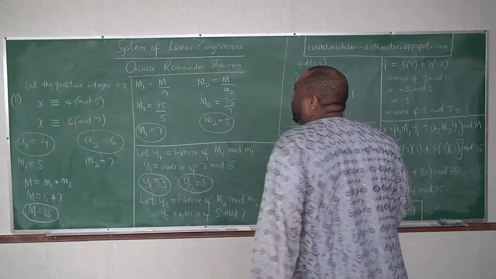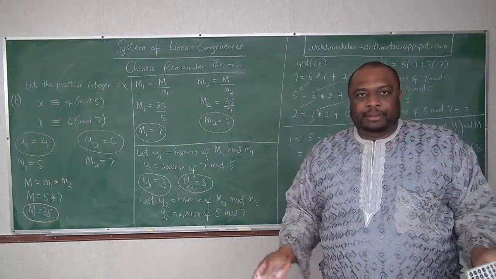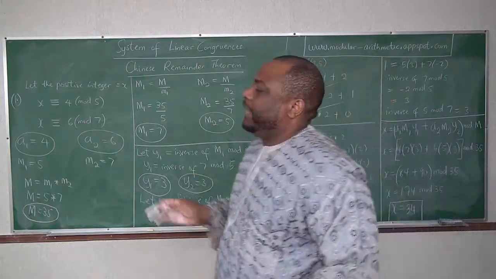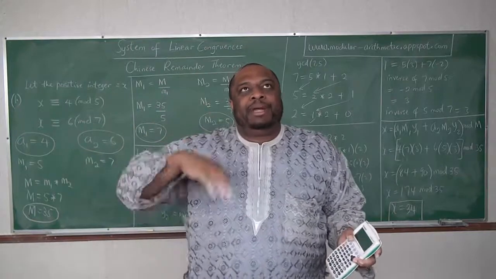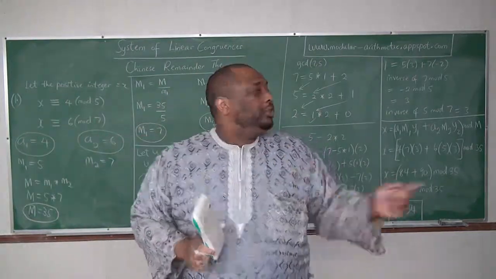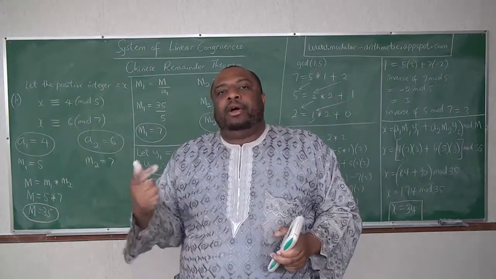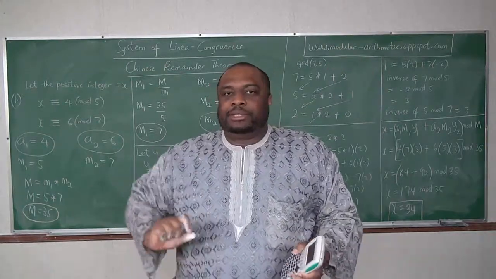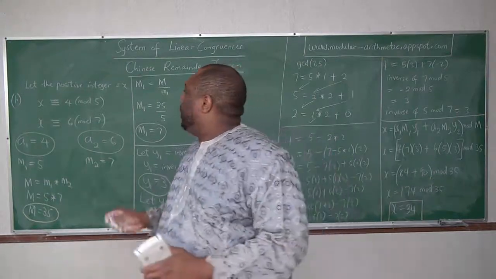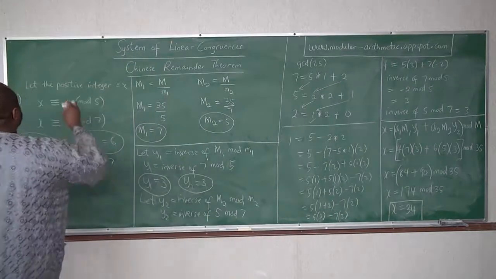Remember x is just the smallest number that would work. But in addition to the Chinese remainder theorem, you can add it, or just go to this website and you see it. Or if you're taking notes, go ahead and add it as well. So we have a solution. x is 34.